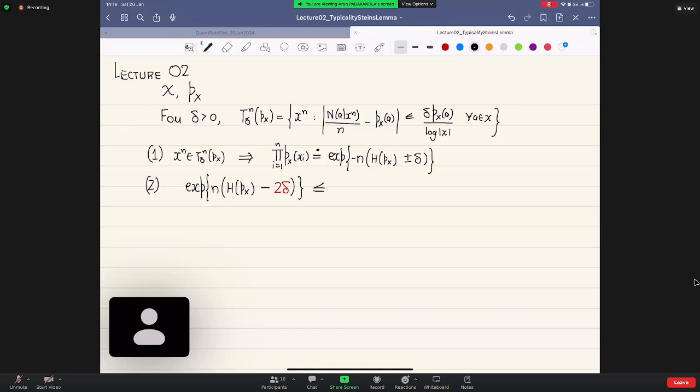Less than or equal to T delta n Px less than or equal to exp n times h of Px plus delta, for sufficiently large n. So I will actually indicate this. There are a few subtle points.